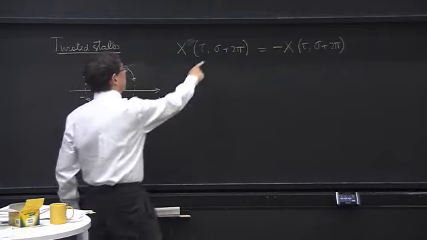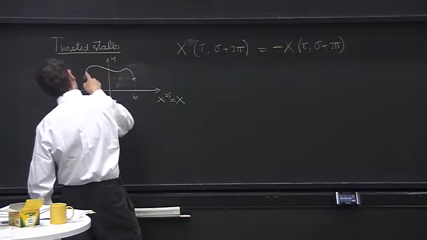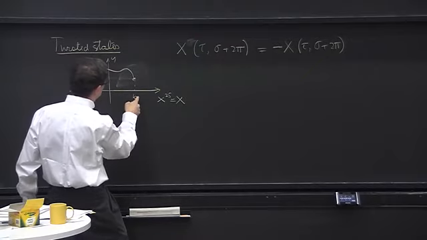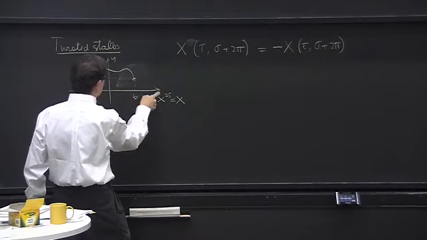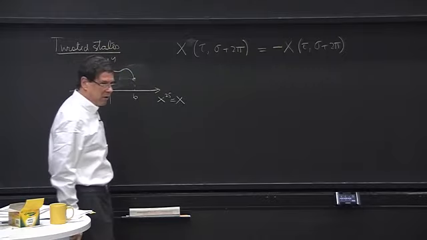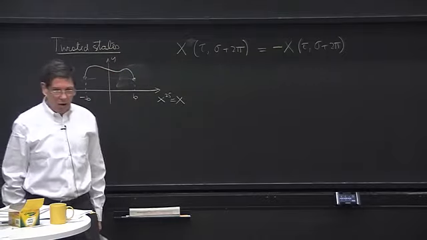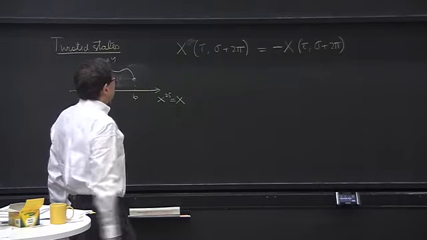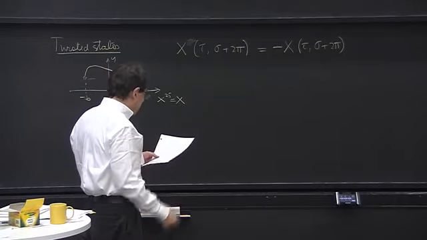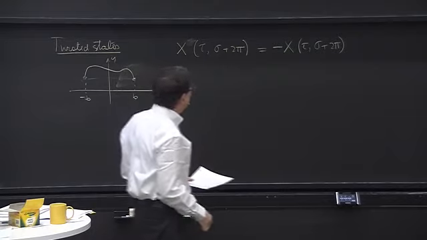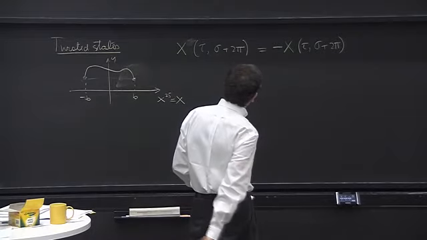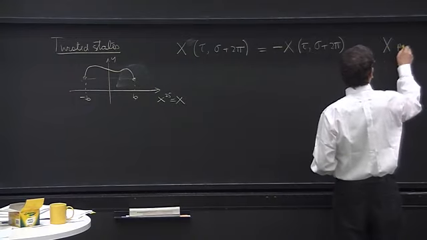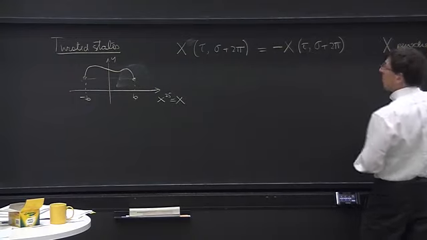If after you've gone from sigma equals 0 to sigma equals 2 pi, you end up in a point that is minus the original one, well, since we've identified these two points, you are closed. So we need to analyze what this gives, and this gives you an x that is periodic with period 4 pi.